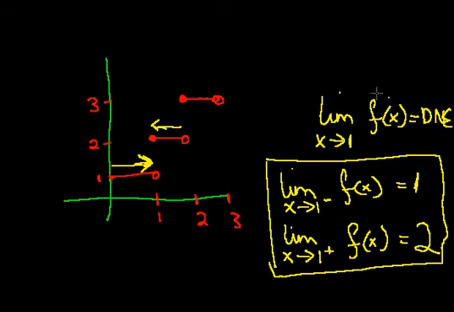A two-sided limit, or a limit, can only exist if both the left-sided limit coming from the left side and the right-sided limit coming from the positive side are the same number. And since these two are not the same, and don't tend towards the same point, we would say that the limit of this function does not exist.